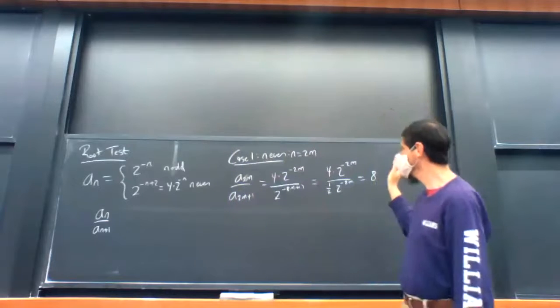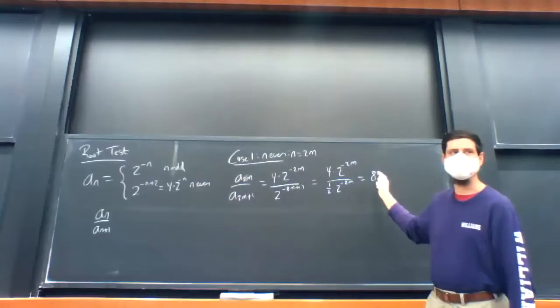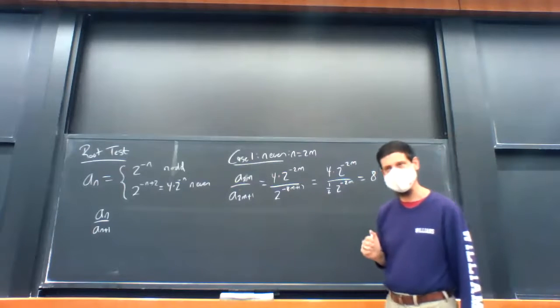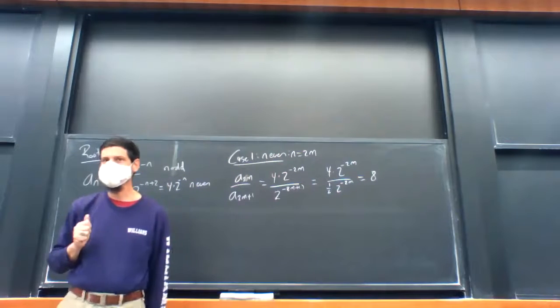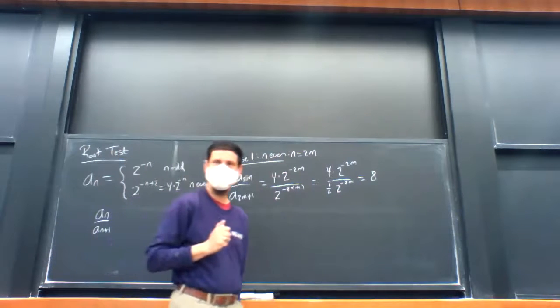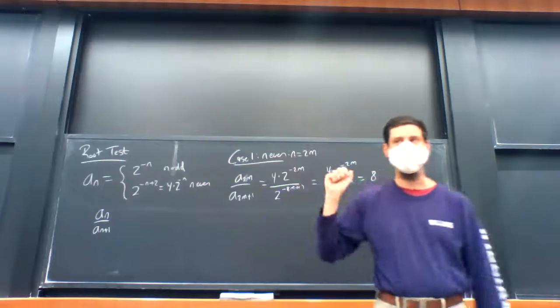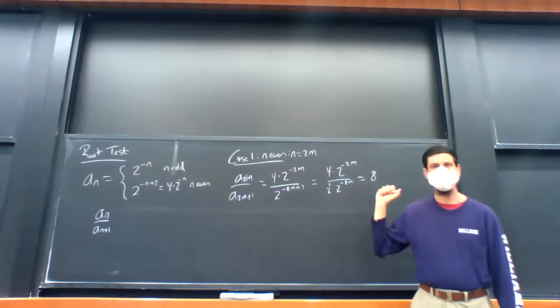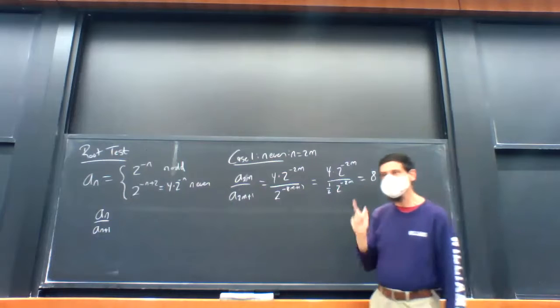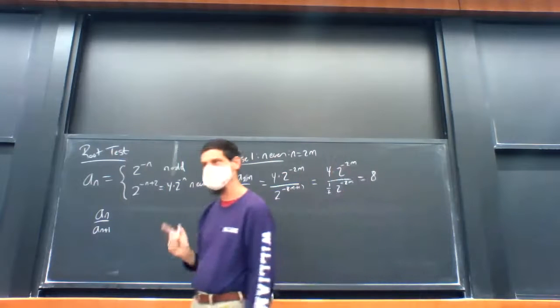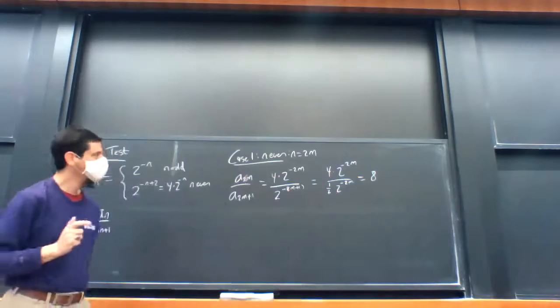So did we show that the limit is 8? Did we show the limit is always 8? What did we show? We showed the limit is 8 when n is even. Did we show that the limit is 8? No, we showed the limit is 8 when n is even.